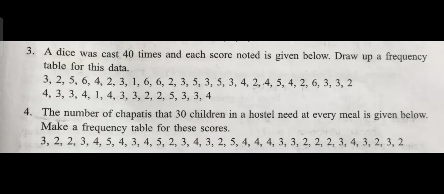You are supposed to make a frequency table with individual numbers 3, 2, 4, 5. So for individual numbers you have to make their frequency, and you have to draw a frequency table to identify the number of chapatis that 30 children in a hostel need at every meal. Clear how you are supposed to draw? I have already explained you all how to draw the frequency table.